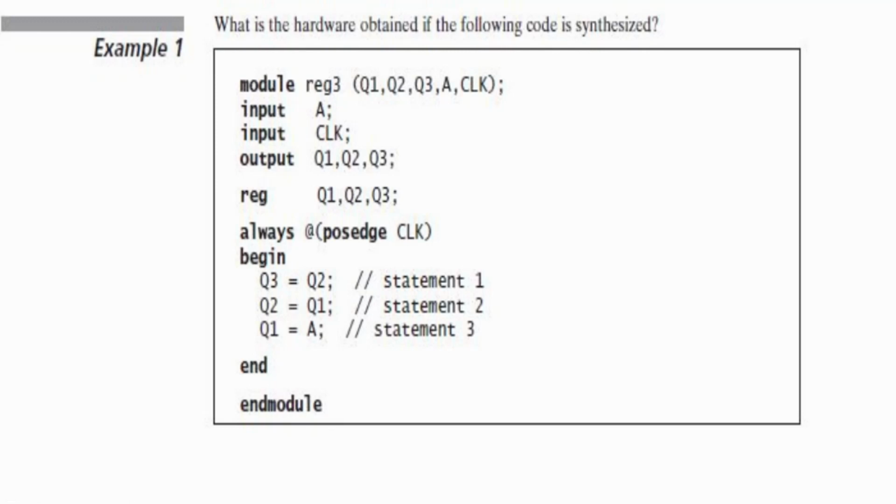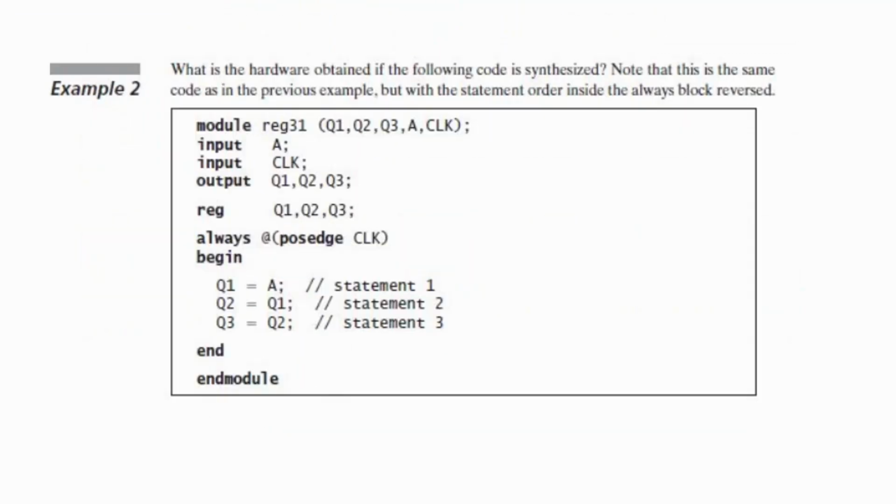But let me show you in this example, when the blocking operator is used and the statements are reversed, it will not result in a shift register, because with an always block like this using blocking operators, the output will lead to only a single flip flop, right?